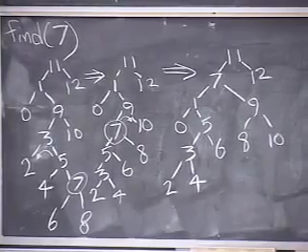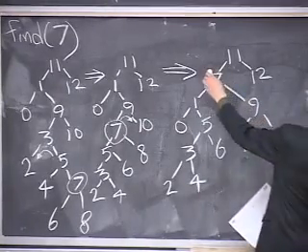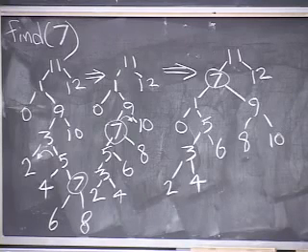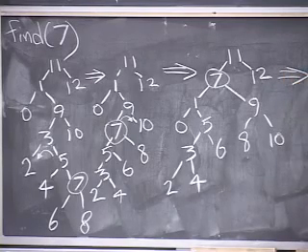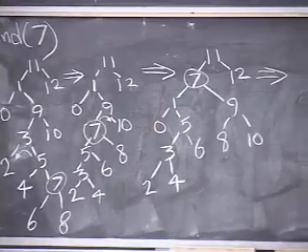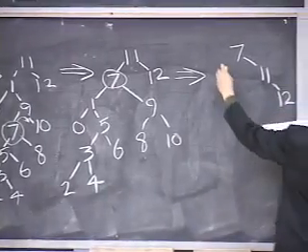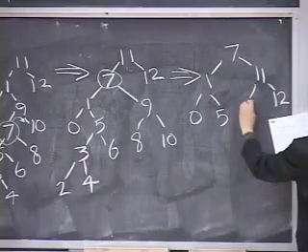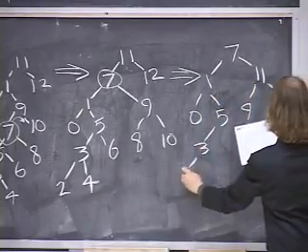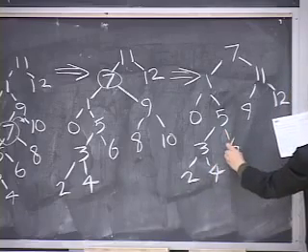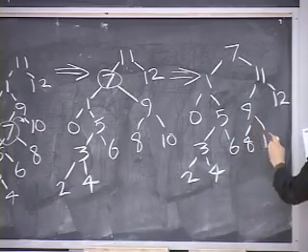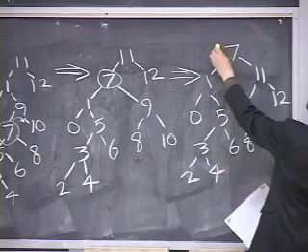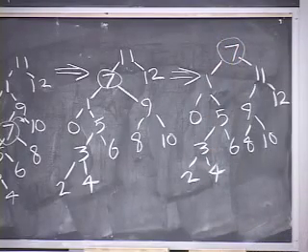And now since 7 is the child of the root, we finish off with one final rotation, or a zig step. And that's our final splay tree after doing a find operation on 7.